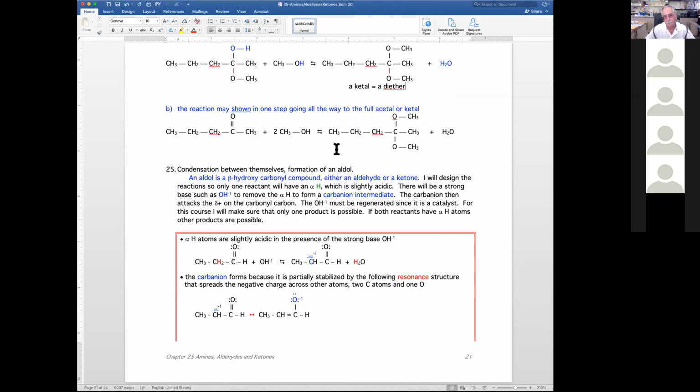Another way to think about that is that you're taking this carbonyl bond right here, which is an unsaturated bond, and you're completely saturating that bond with alcohols. So that is a complex reaction, but hopefully that explanation helps.